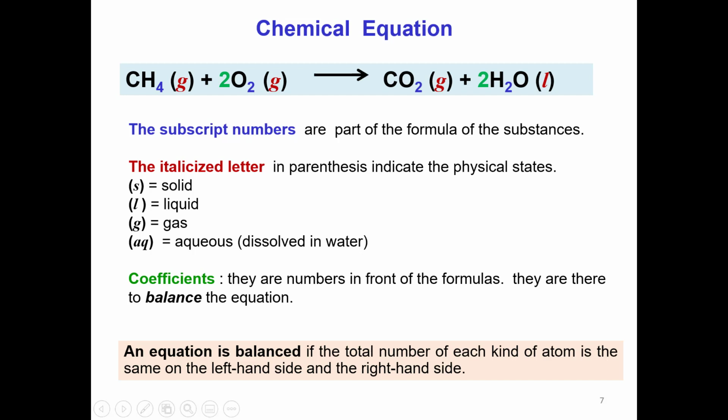The meaning is that the total number of each kind of atom is the same on one side of the equation and on the other side. The number of atoms we have on this side of the equation must be equal to the number of atoms we have on the other side.